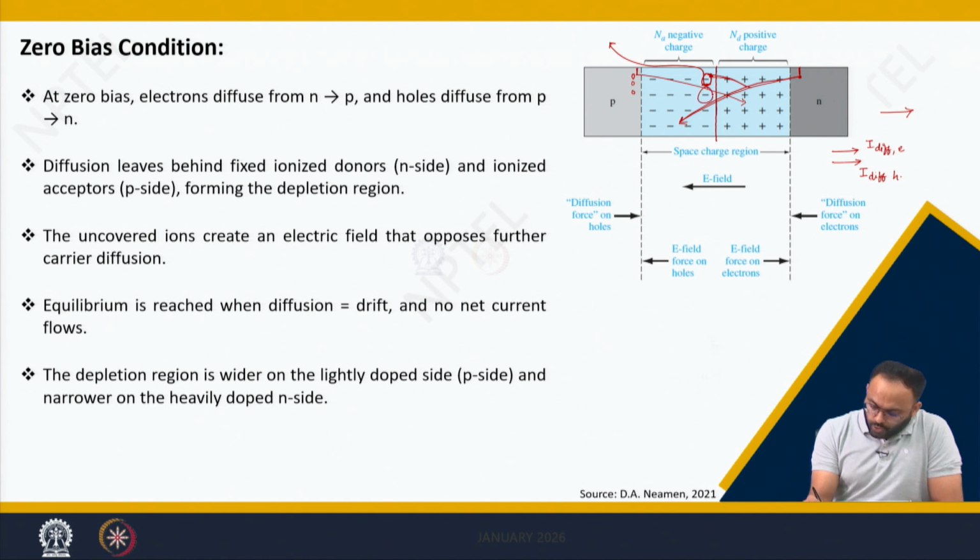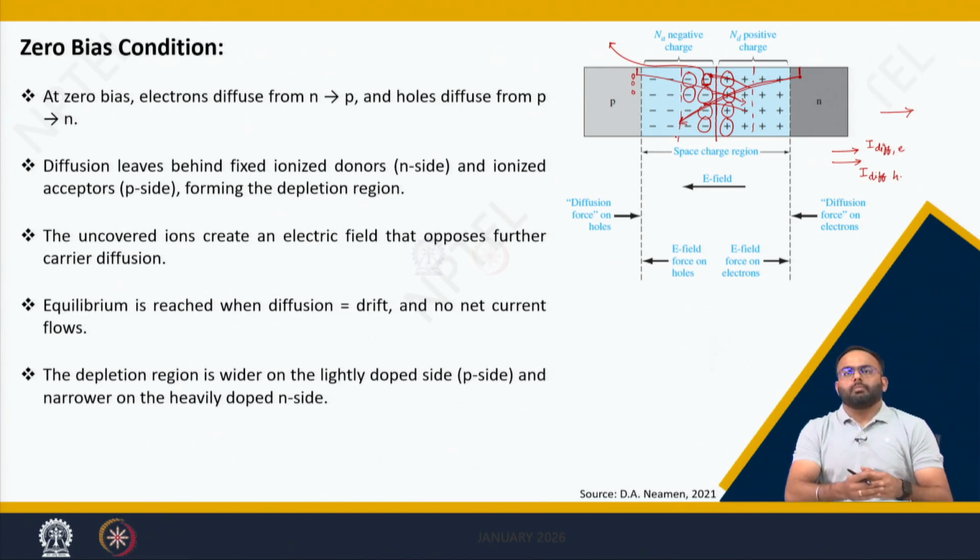Then when the flow of holes started from this side to this side, more immobile ions will be uncovered. Similarly, more donor atoms will be uncovered at the N side, and hence this forms a depletion region. Depletion region means a void region where we consider that there are no electrons and holes present in it.